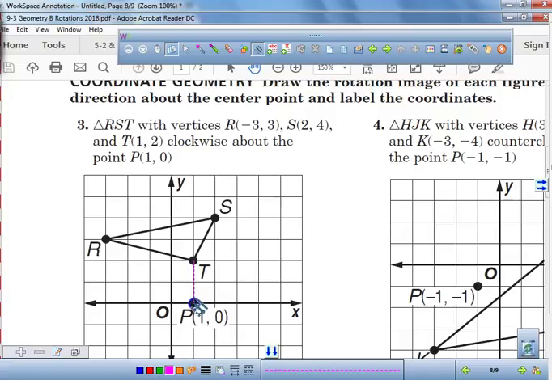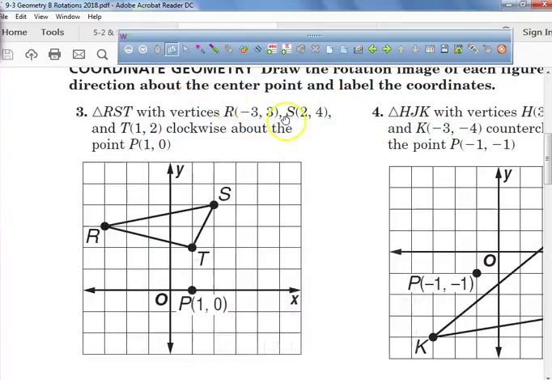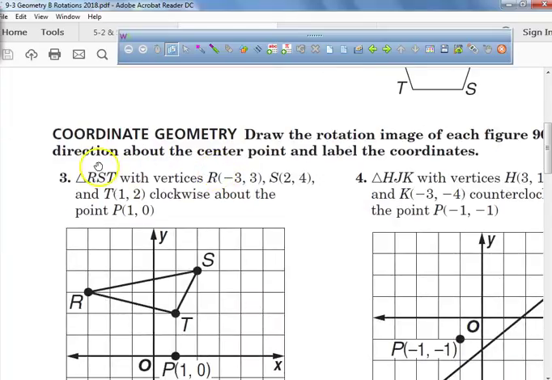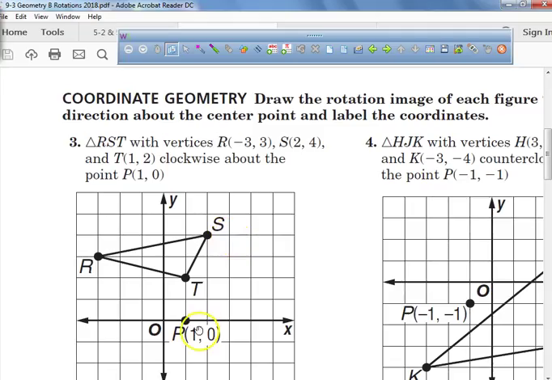So what I'd like you guys to do is just visualize right now. If I wanted to rotate point T clockwise, how many degrees? We're supposed to do clockwise 90 degrees. It says, I'll zoom out so you can see it, draw the rotation image of each figure 90 degrees in the given direction about the center point 1, 0.